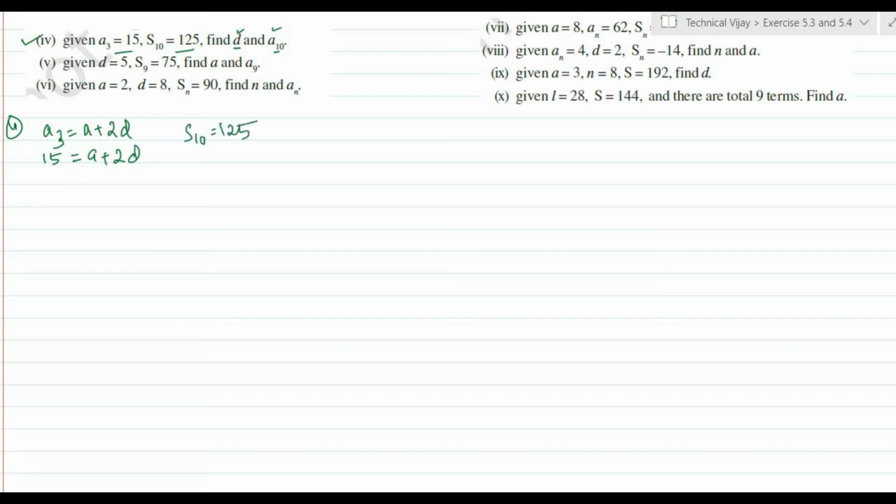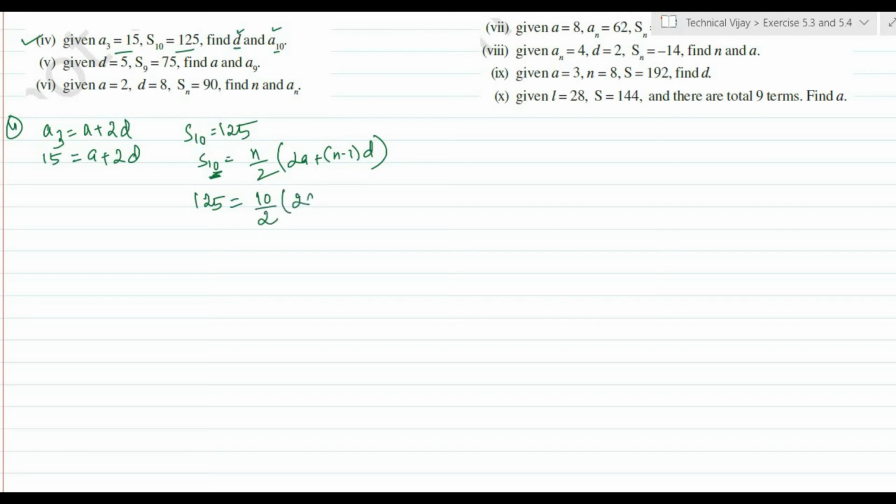So the S10 formula is equal to N divided by 2 into 2A plus N minus 1 into D. What values do we know? We know only this S10 value, 125. So here S10 is equal to 125. N is equal to what? This is 10, because S10 means there are 10 terms, that is 10 divided by 2.